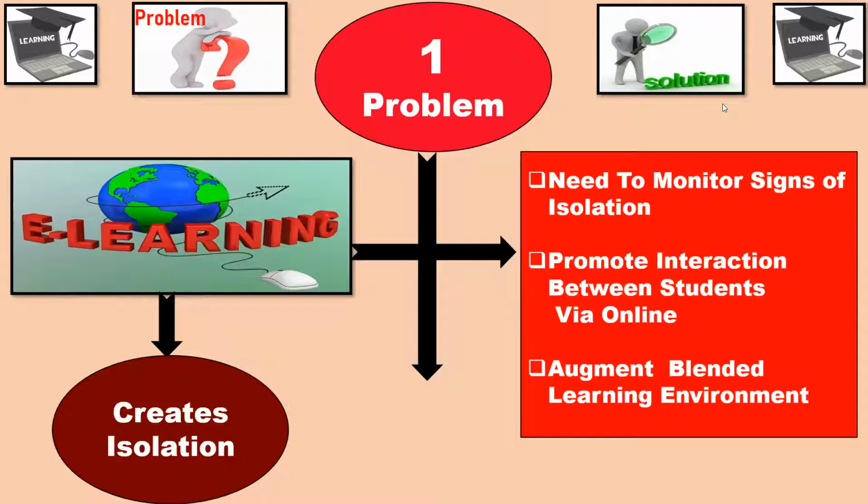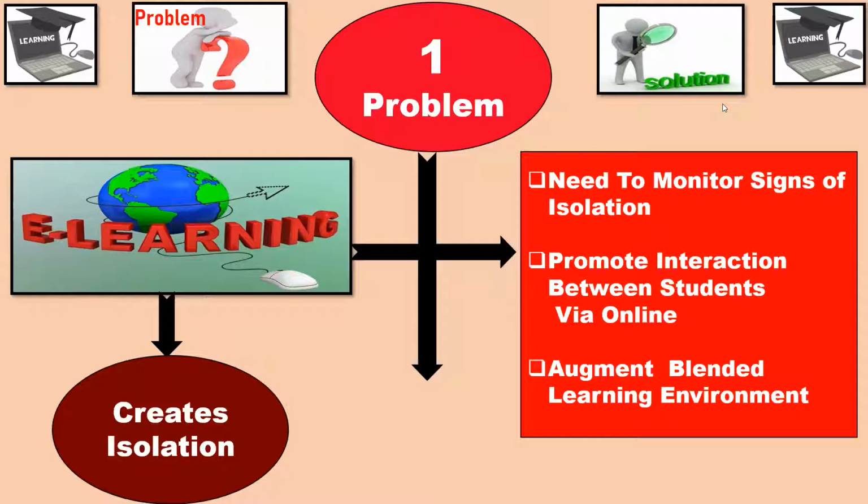As I already keep telling you, this online learning methodology is mostly a student-centric method. We should concentrate more on students. So why and how are the students feeling isolation? What are the mental causes behind this isolation?